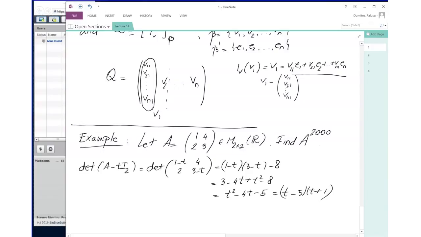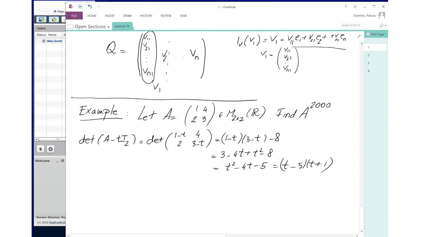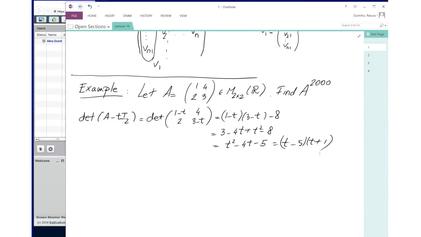Which factors into (t - 5)(t + 1). So it has two distinct eigenvalues, right? Which automatically makes it diagonalizable.